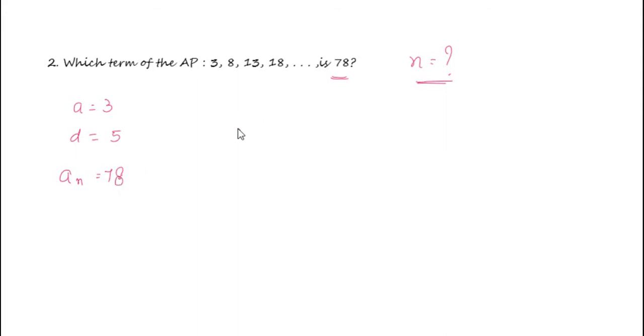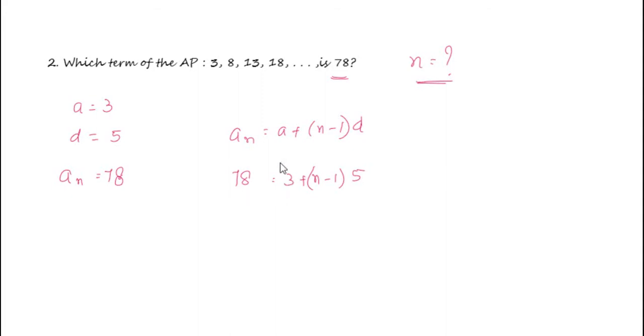Now AN is equal to A plus (n minus 1) into D. 78 equal to 3 plus (n minus 1) into 5.